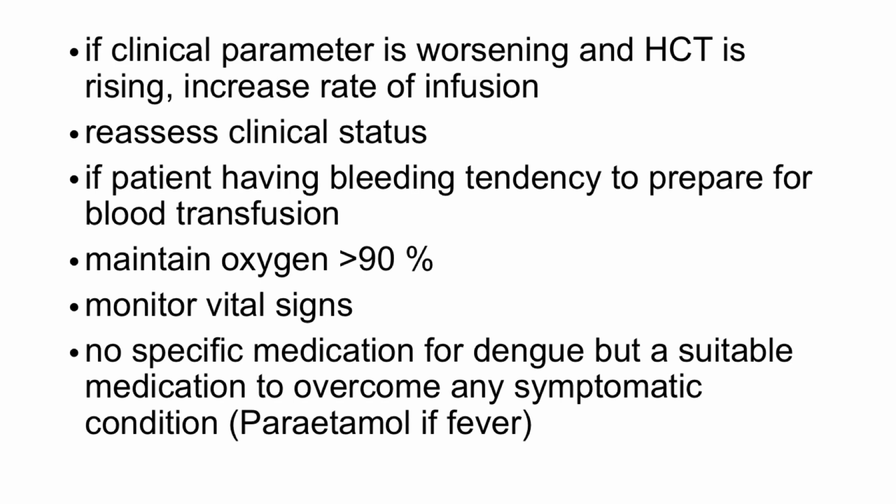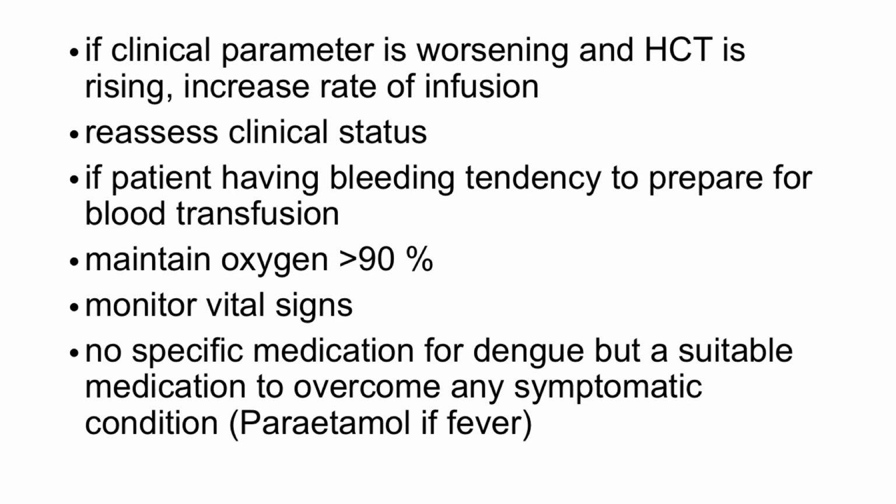If the clinical parameters are worsening and hematocrit is rising, increase the rate of infusion, then reassess the clinical status. If the patient has a bleeding tendency, prepare for blood transfusion. Maintain oxygen saturation at 90%.